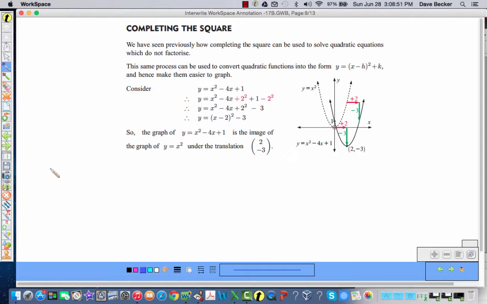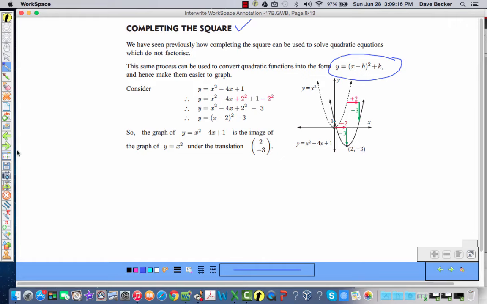We can also, in order to get it in the form y equals x minus h squared plus k, complete the square. Oh, how nice! If we don't want to deal with plotting points and what the middle term does, all we have to do is complete the square.